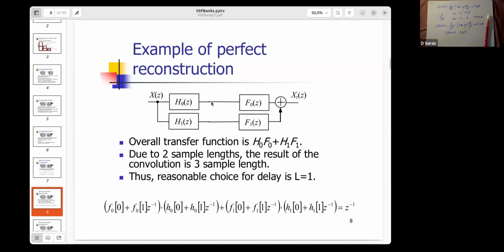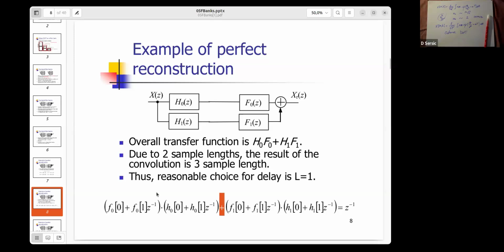We have a cascade of 2 filters, H0 and F0, and H1 and F1. And finally, we have a sum of the 2. A cascade corresponds to multiplication of their Z transforms, and of course the sum, you can see right here.